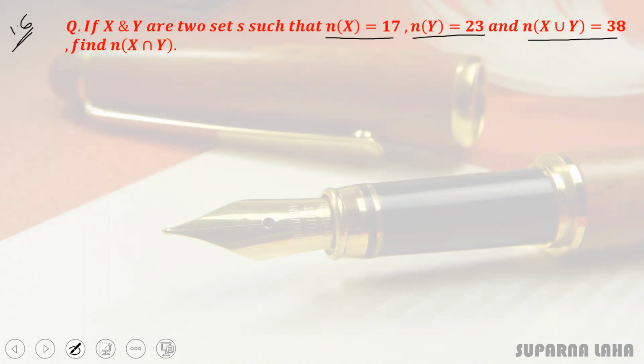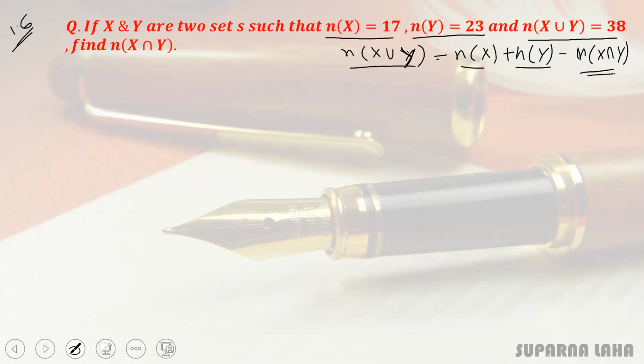So you have that formula: the number of elements in X union Y is given by the number of elements in X plus the number of elements in Y minus the number of elements in X intersection Y. Now you have the number of elements in X, Y, and the union, so you can easily find this portion.